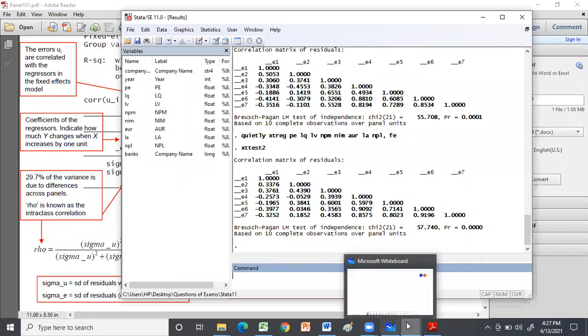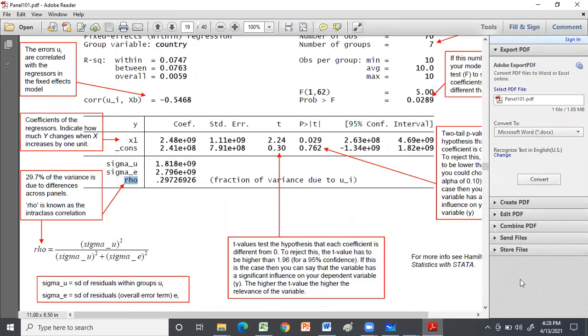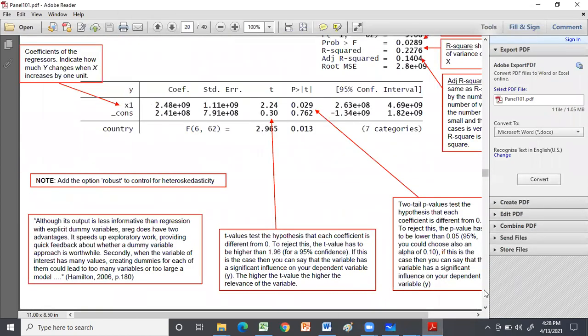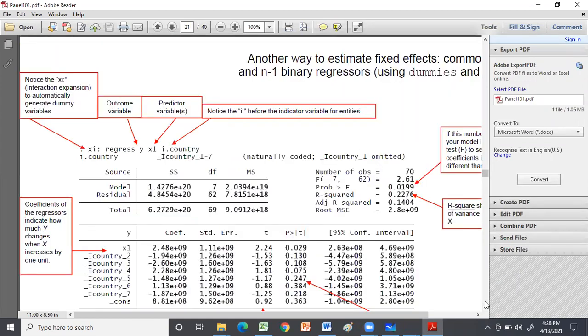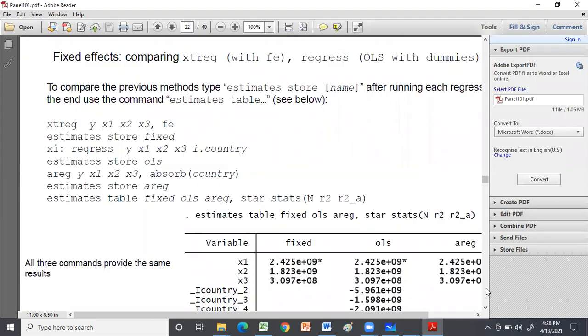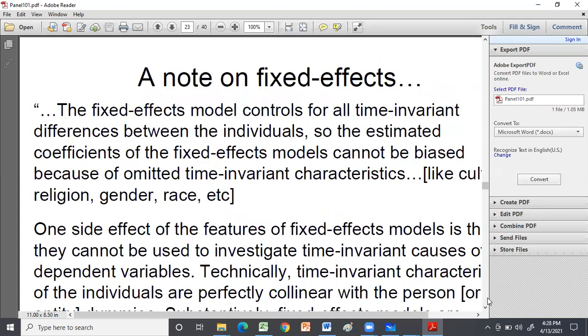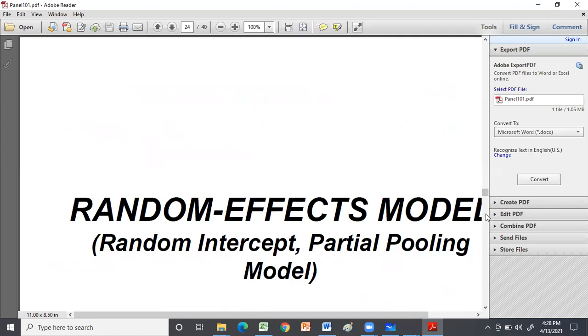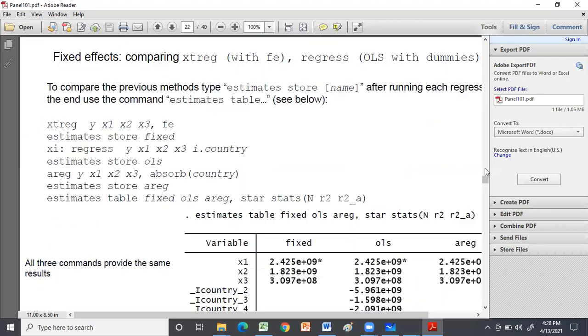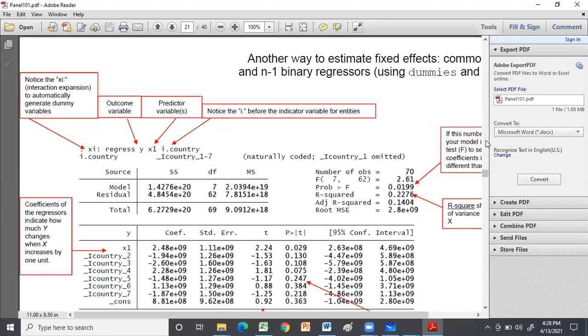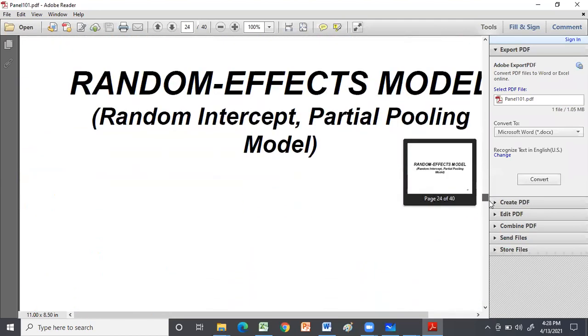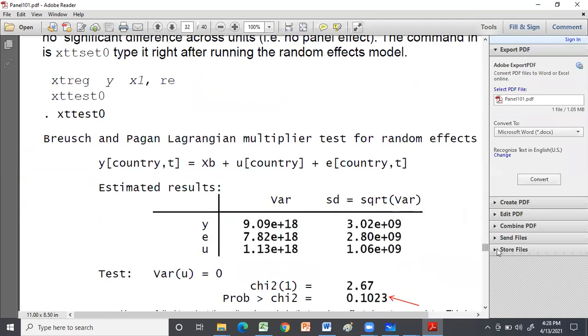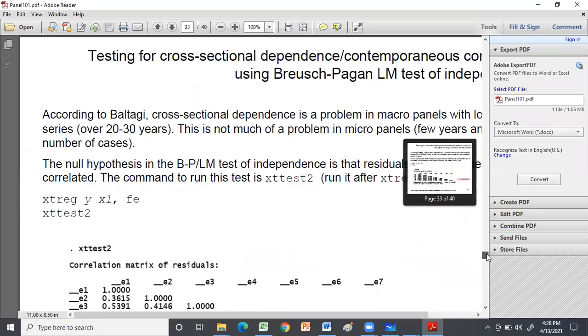If I share the Princeton guidelines, they have already given the explanation of the diagnosis test of cross-sectional dependence.